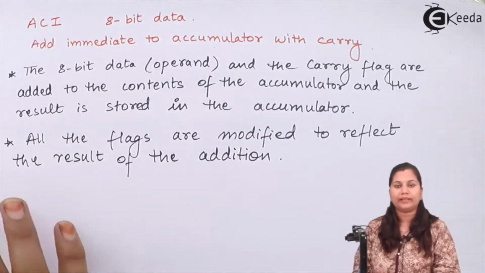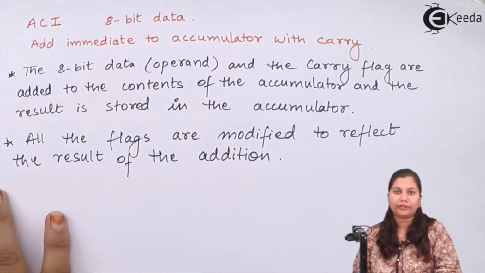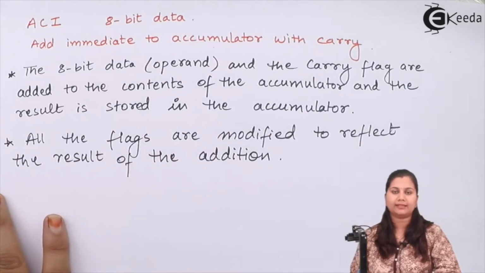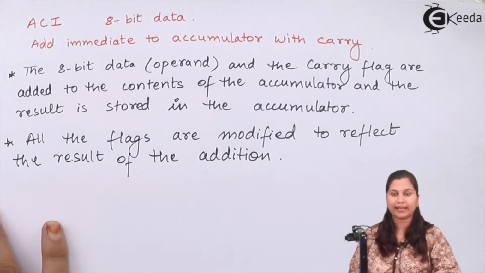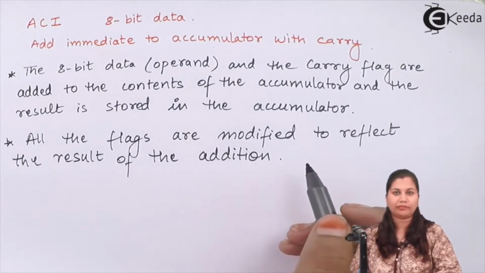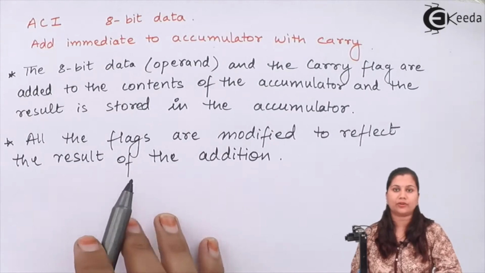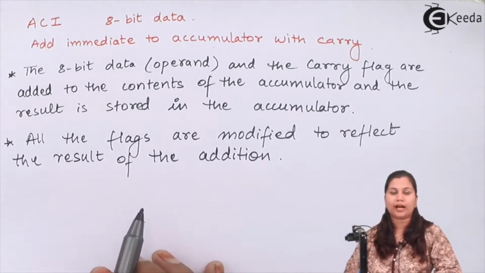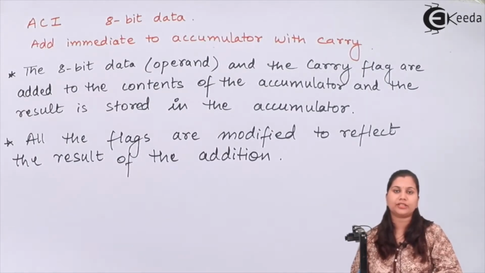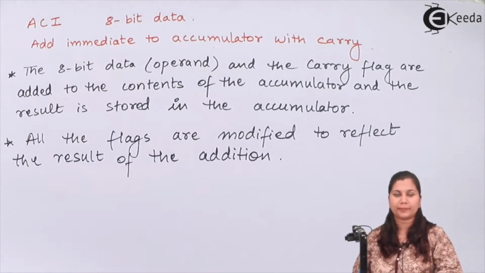Now we know that whenever any arithmetic or logical operation is performed, the flags like sign flag, zero flag, parity, auxiliary carry and carry are modified so as to reflect the result of the addition. If the number obtained after the addition is a negative number or a positive number, then the sign flag will be modified.